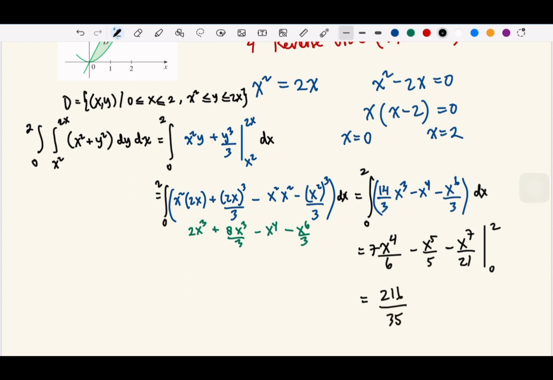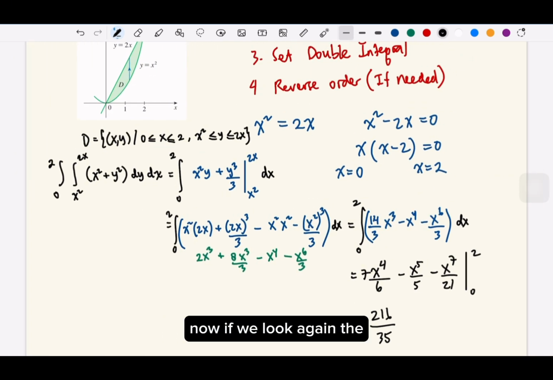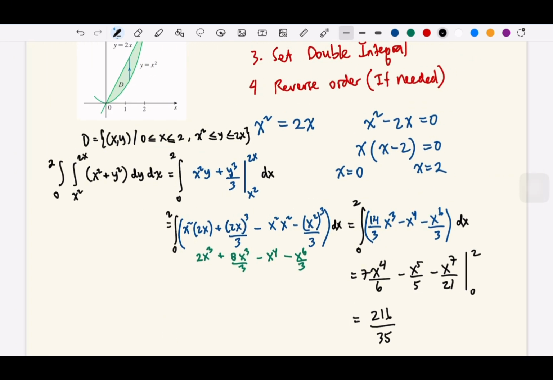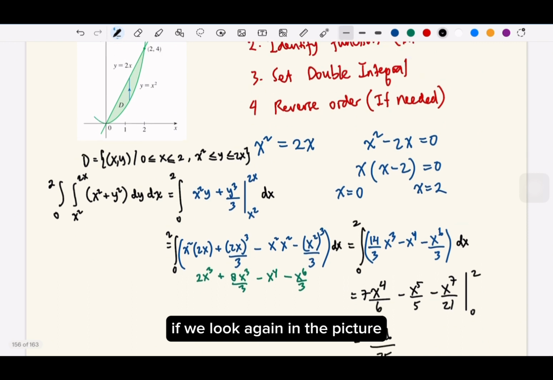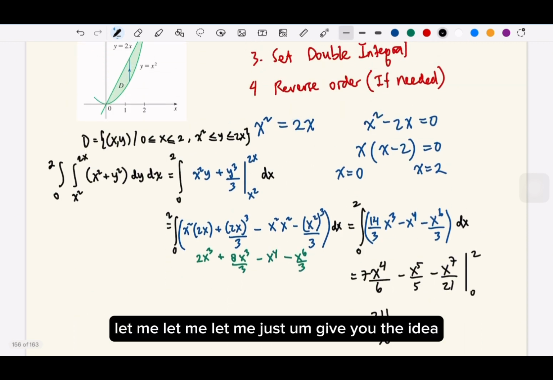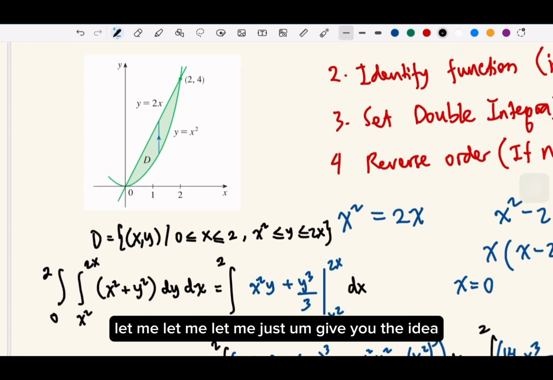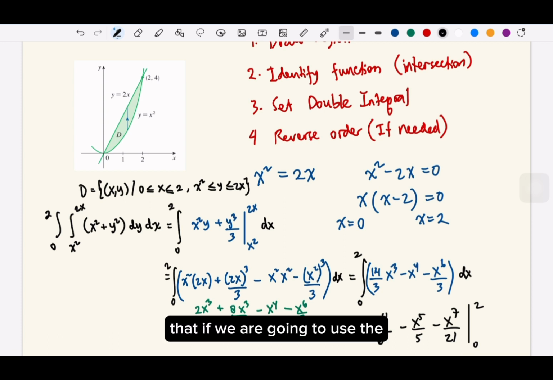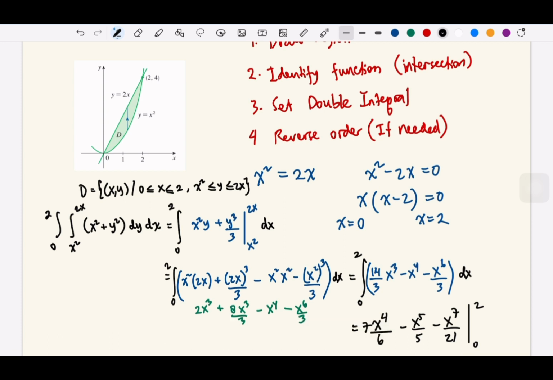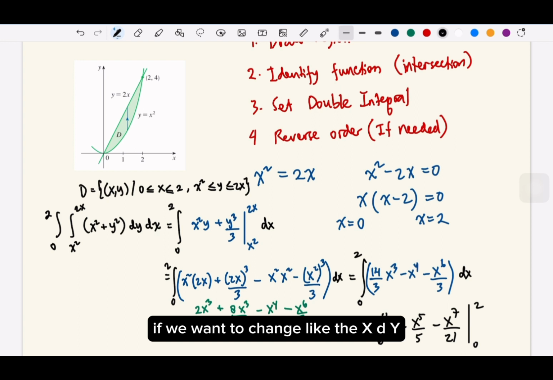Okay. Now, if we look again at the picture, let me just give you the idea. If we want to change to dx dy, I think we can do that, right?